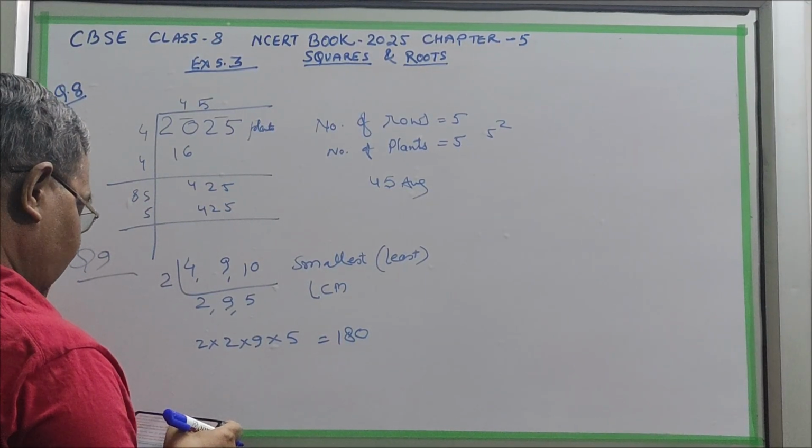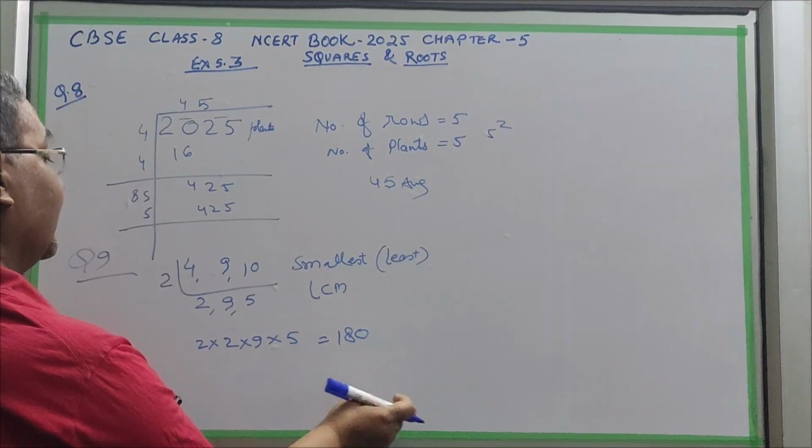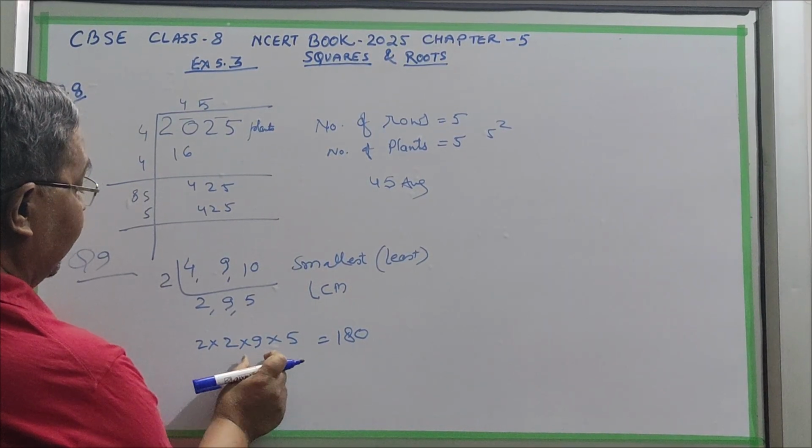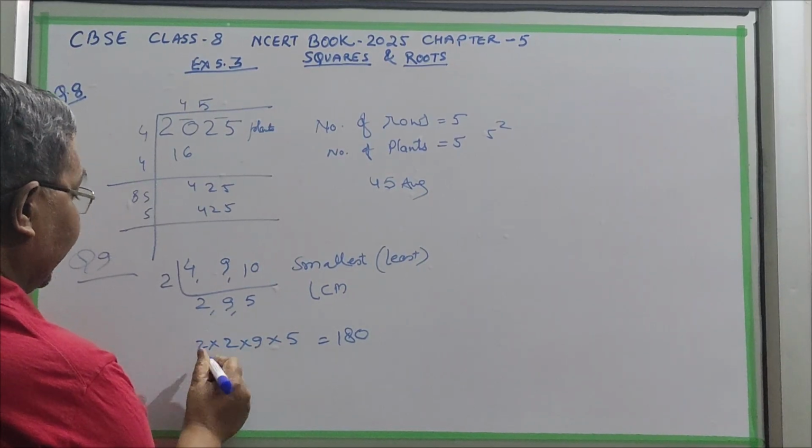Find the smallest, but it should be a square number. It means these prime factors should be in pairs.